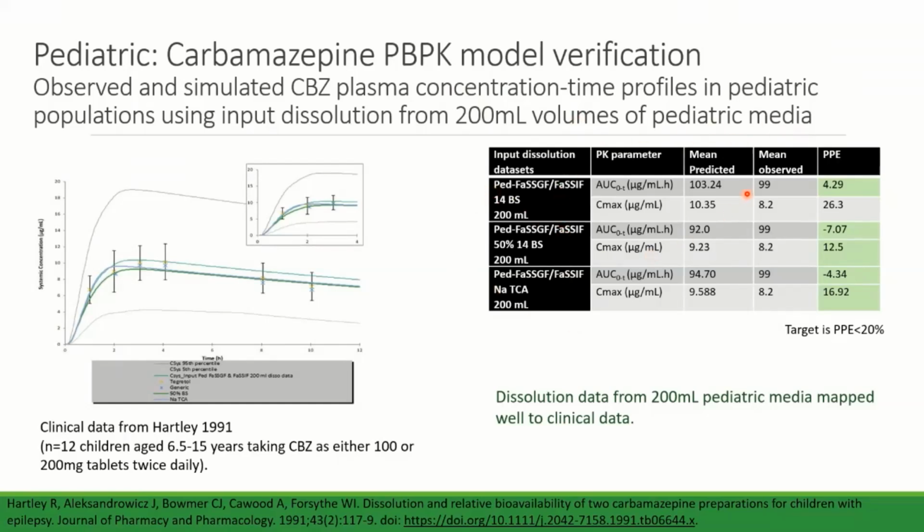So again, we've tried to compare our predicted values to the observed values, and we got pretty good values for our percentage prediction error. There was one study where the Cmax wasn't perfect, but otherwise the dissolution data using the 200 millilitres of the paediatric media was mapping well to our clinical data. So this was suggesting it's a good input for this data.